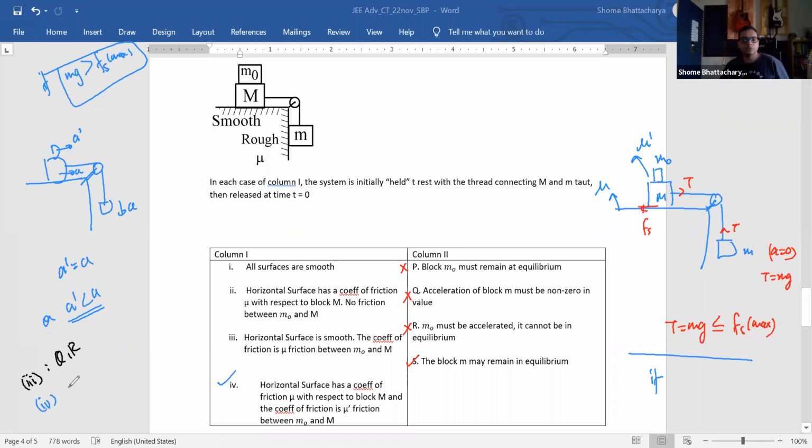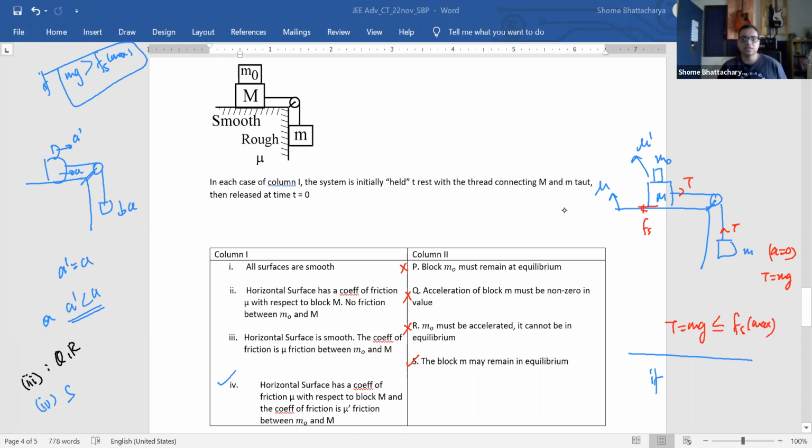The fourth option, it should be only S. Okay. Viraj, is it clear, the fourth part? So the system may be in equilibrium, the system may be accelerated.